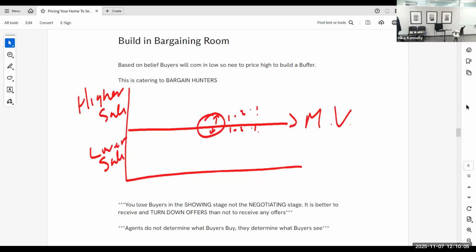Okay. Now, depending upon, this is our list price as well, lower list price. Depending upon how we price it, how we strategize our listing, how we market our listing, it's going to take time. The longer time that it takes, the more likely we're going to attract bargain hunters. So if we list high versus list low, time is going to be of the essence, right? So we could be benefiting with a higher sale price if we list lower.